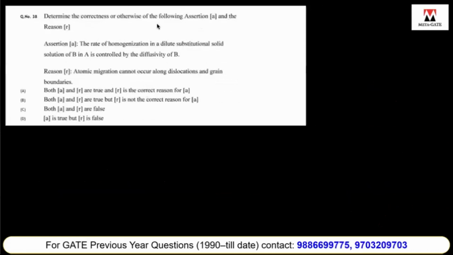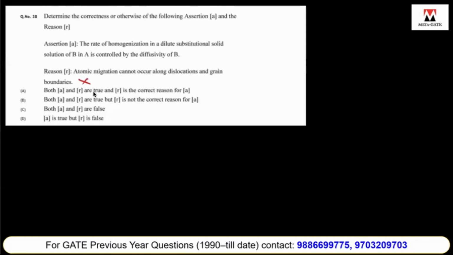Determine the correctness or otherwise of the following assertion and the reasoning. The rate of homogenization in a dilute substitutional solid solution of B in A is controlled by the diffusivity of B. Atomic migration cannot occur along dislocations and grain boundaries. See here, atomic migrations happen along the dislocations and also along the grain boundaries.